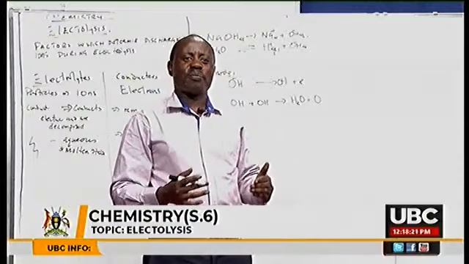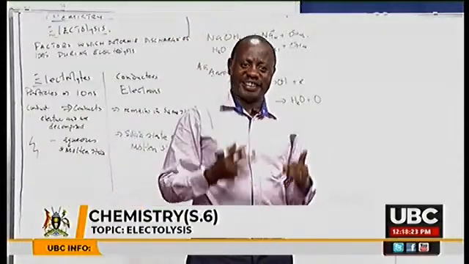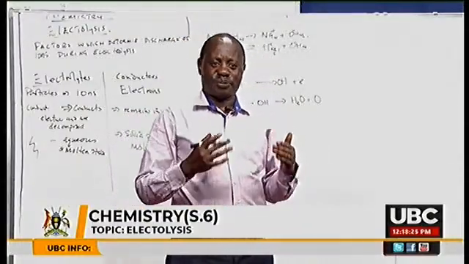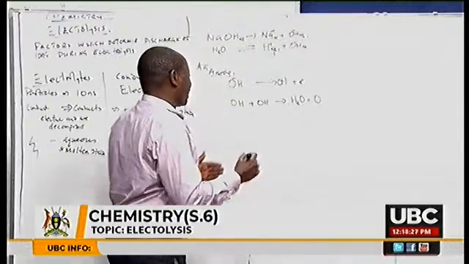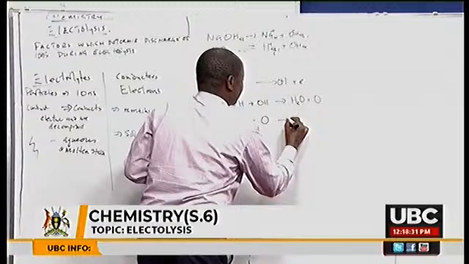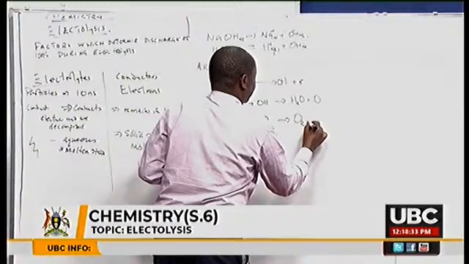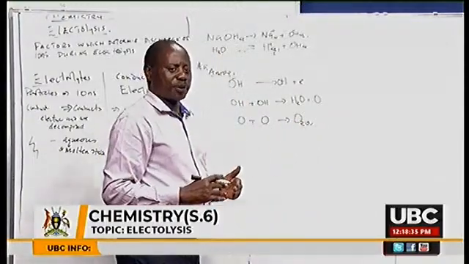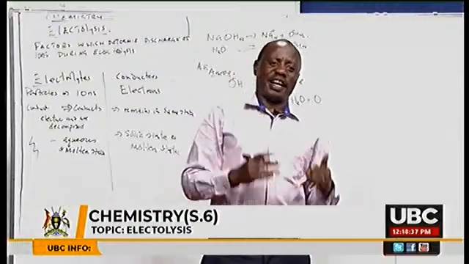The oxygen atom does not exist at room temperature. So what happens? The oxygen atoms combine in pairs to form oxygen gas, which is the major product at the anode.